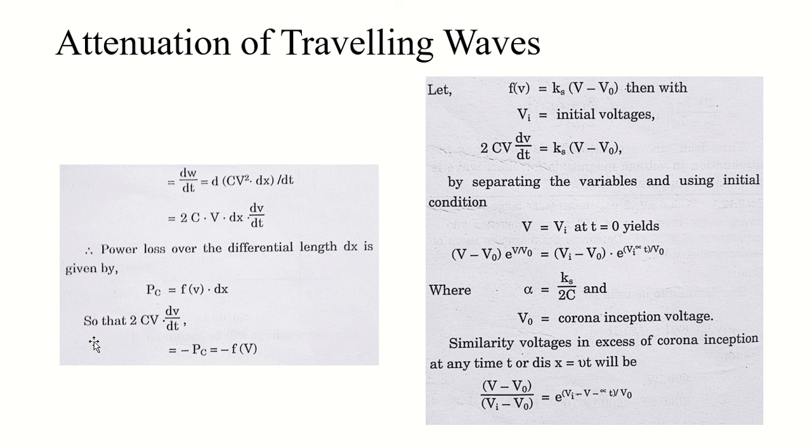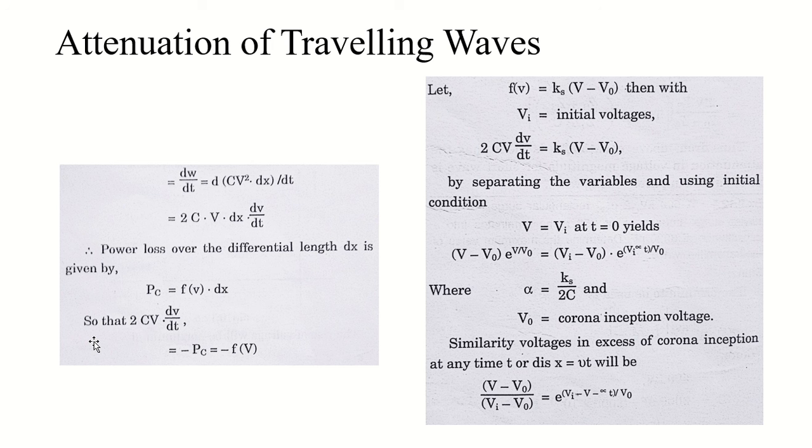Now when you separate the variables using the initial condition, you will get V equal to Vi at t equals 0. So you get (V minus V0) equal to (Vi minus V0) e raised to minus alpha t divided by V0. Sorry, not t, it was alpha. Here the value of alpha is ks divided by 2C, and V0 is the corona inception voltage.